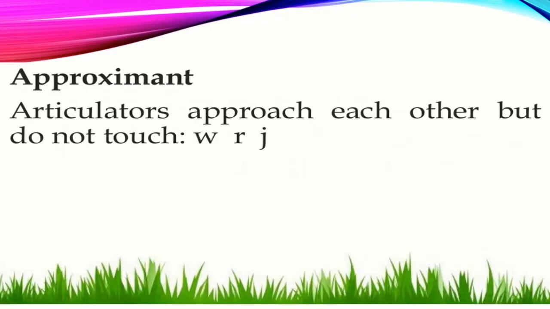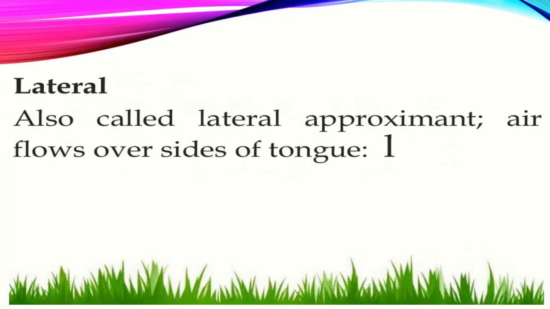Approximant is produced by proximity or closeness of two articulators without turbulence or friction-like noise. And of course, we have lateral, also called lateral approximant, where air flows over the sides of the tongue.